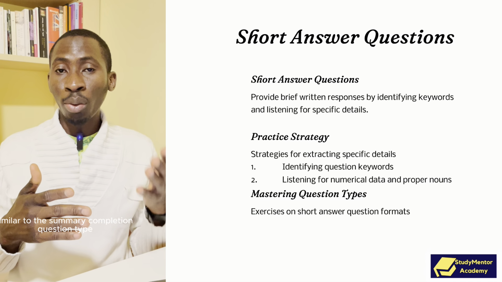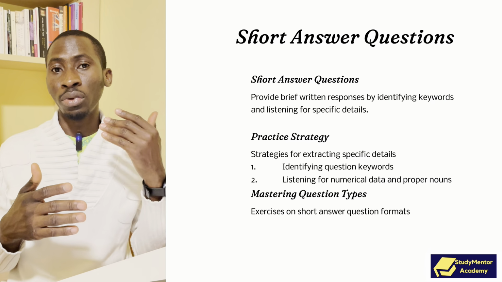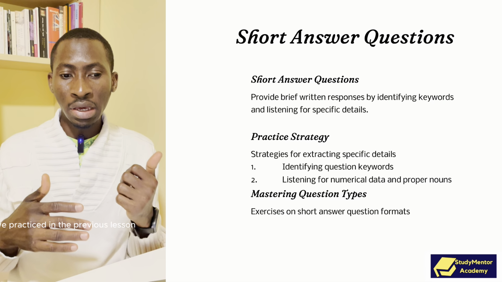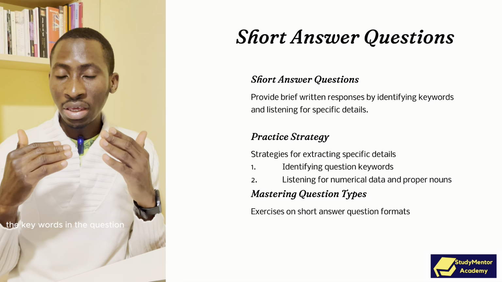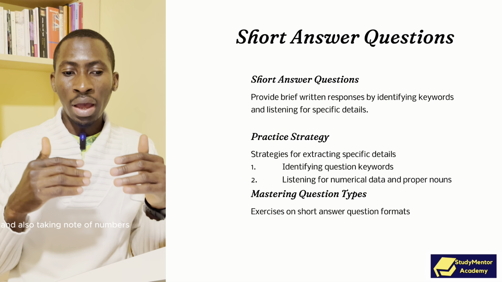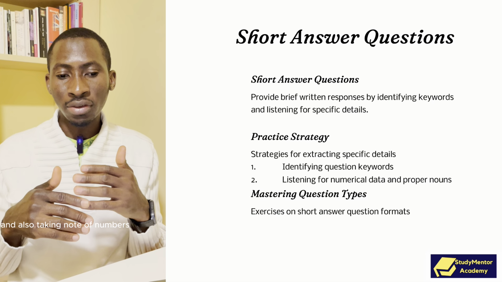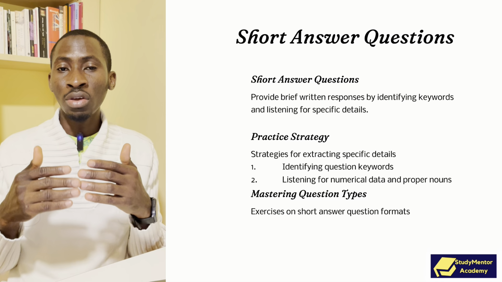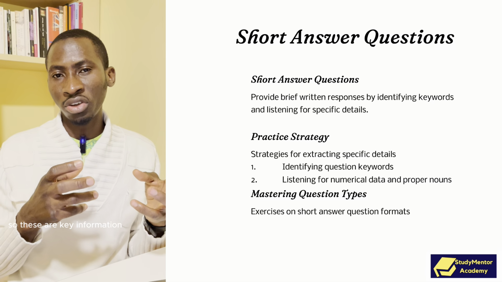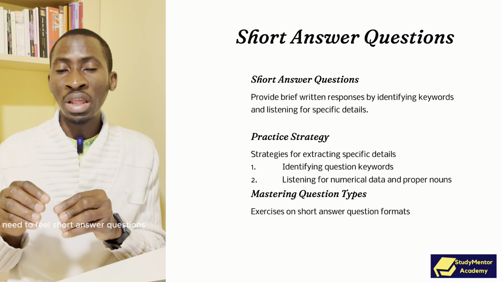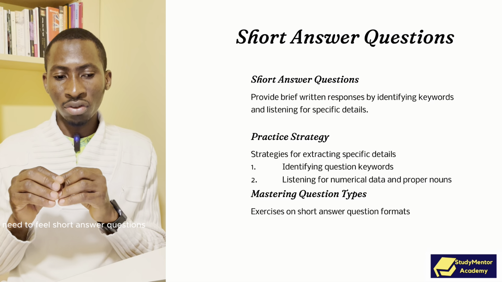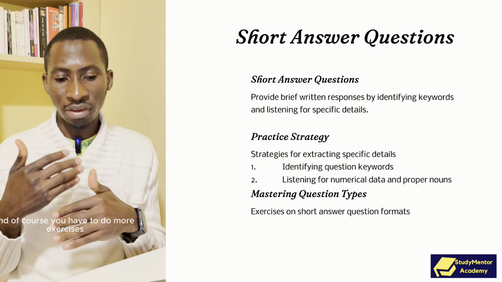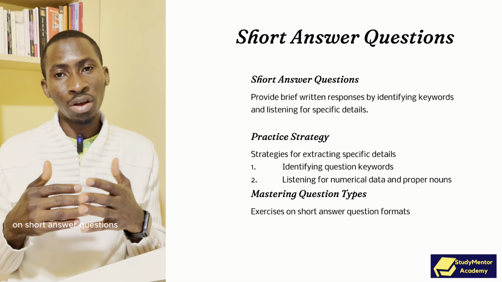Similar to the summary completion question type we practiced in the previous lesson, it's all about identifying the keywords in the question and also taking note of numbers, taking note of names or places. So these are key information you need to fill short answer questions. And of course, you have to do more exercises on short answer questions.